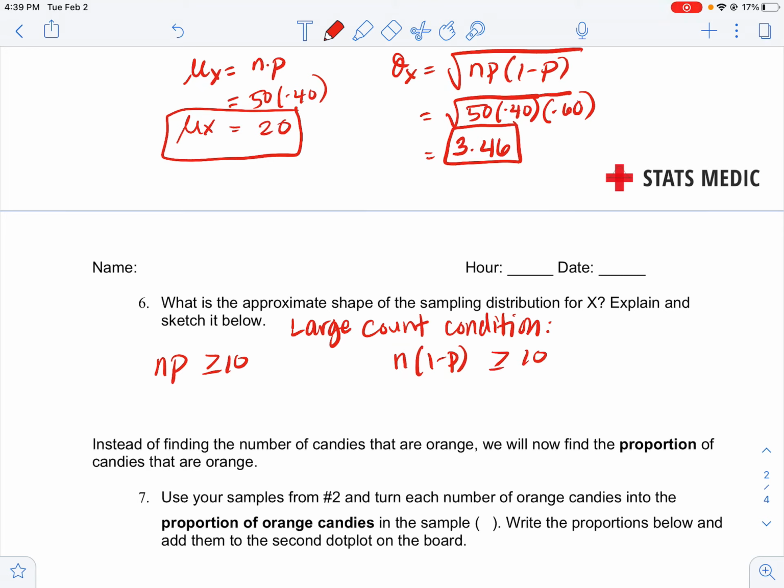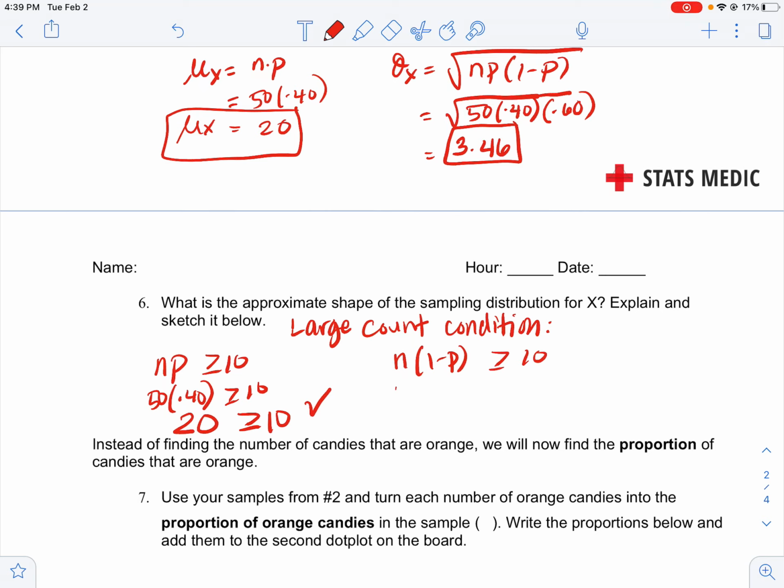So let's see if that will work. What is our N? 50. Or you can already use the answer on top. So we have 50 times 0.40, which is 20. 20 is greater than or equal to 10. You can just say 20 is greater than 10. You don't have to put equal, but putting that there wouldn't be wrong. So we're good.